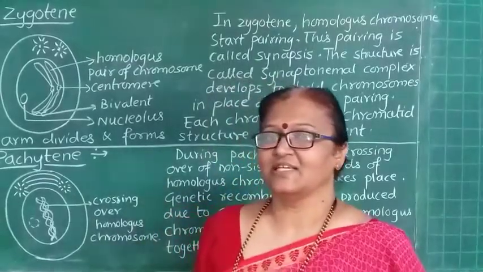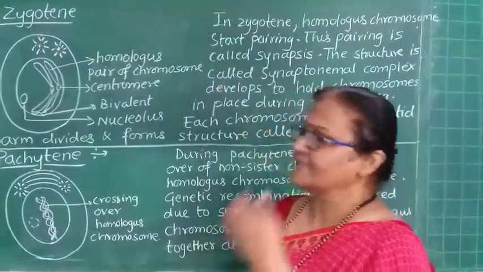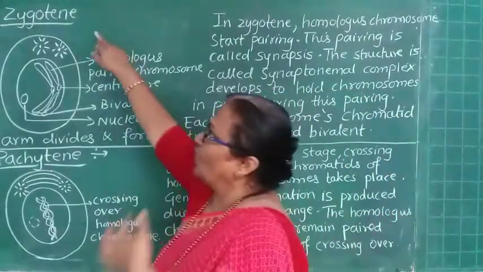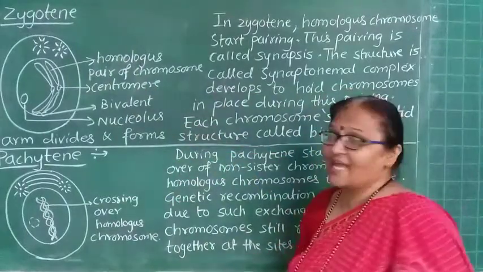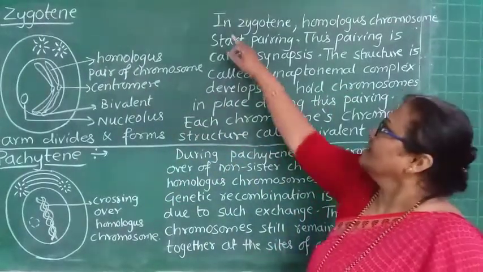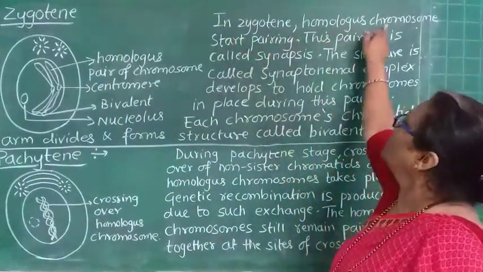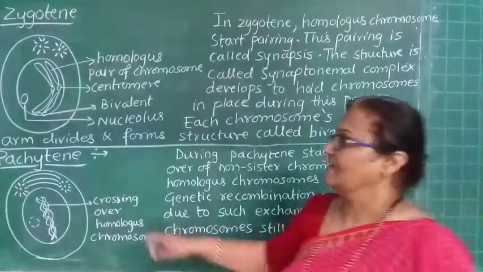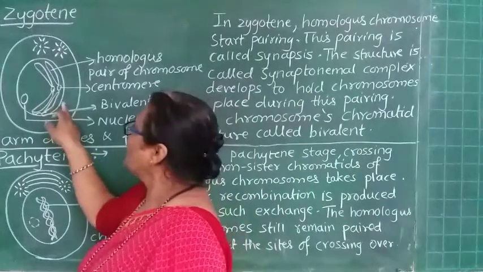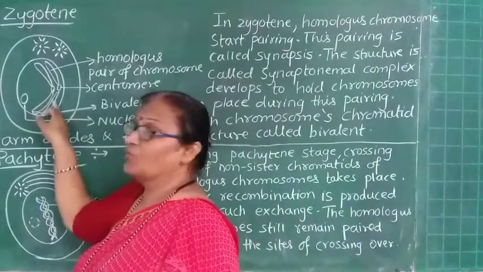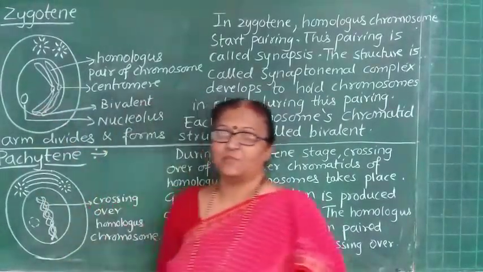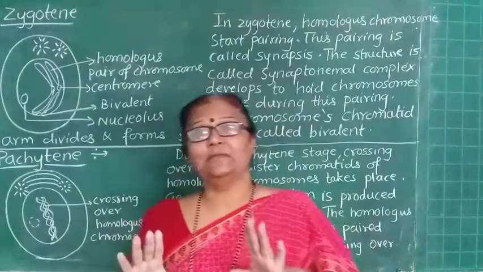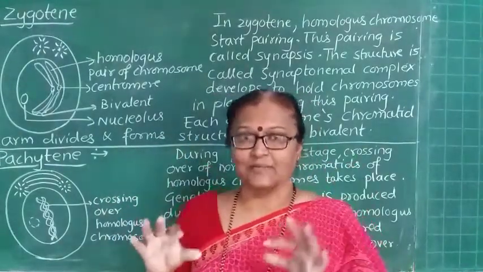The next stage in meiosis that we are going to see is zygotene. What does zygotene tell you? See here. In zygotene, homologous chromosomes start pairing. If you see the chromosomes, these are homologous chromosomes, which are the same in length, having the centromere at the middle.